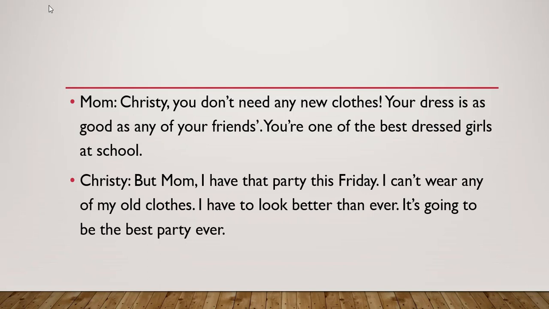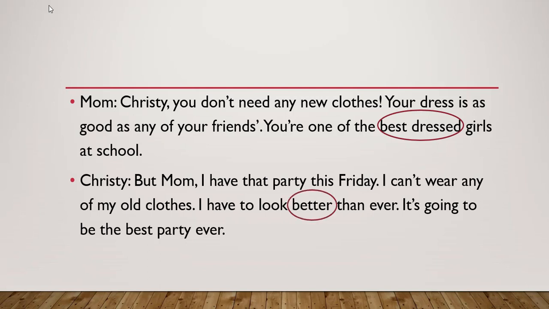Now you can see how the adjectives appear in this conversation. The first one is best dressed, best dressed girls at school. Because in the school you have a lot of girls, we use best dressed, since we're not just looking at two people.